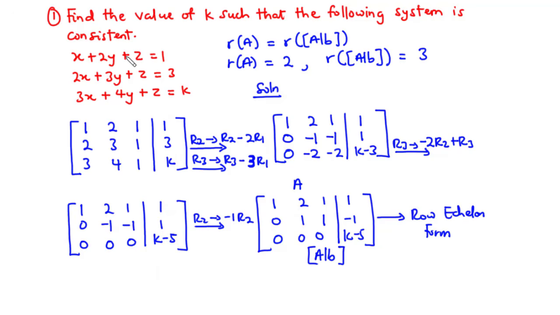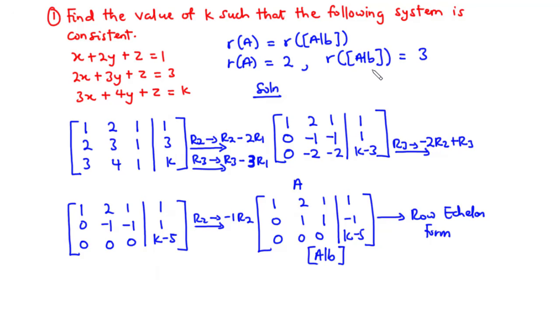Now, for the system to be consistent, we need to find the value of K such that this value becomes 0. If you are able to get the value of K which makes this value go to 0, then the number of non-zero rows for the augmented matrix AB becomes 2, and then we say that the system is consistent.